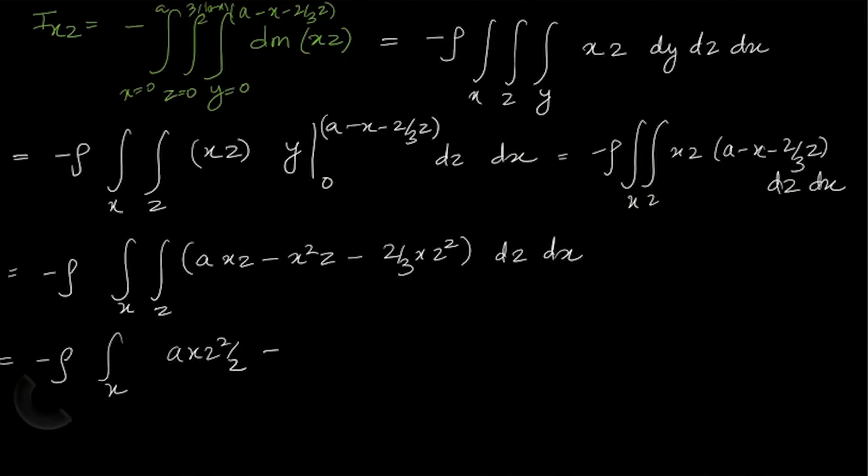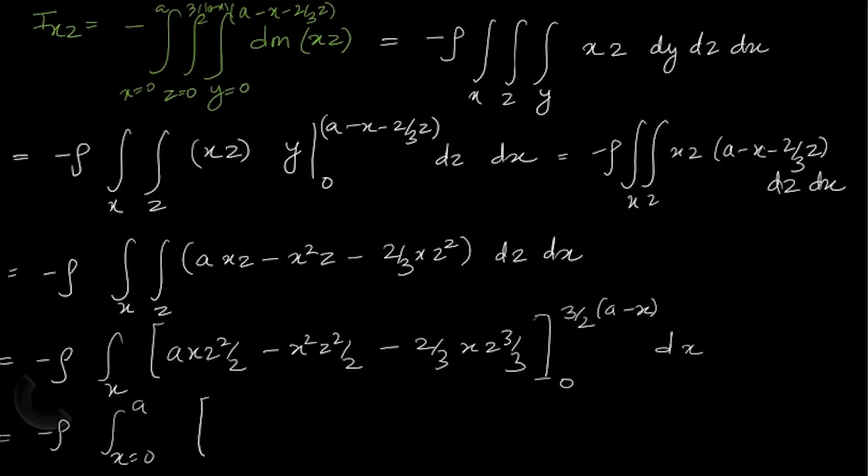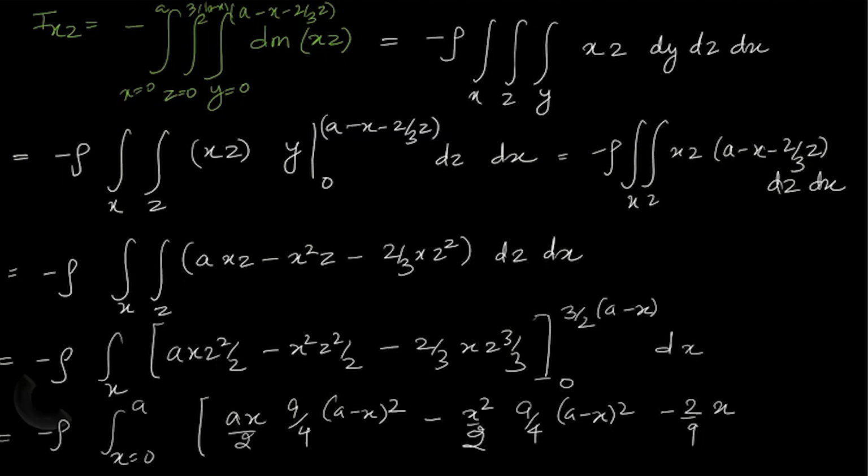So this is ax z square over 2 minus x square z square over 2 minus 2 over 3 x z cube over 3, and then limits 0 to 3 over 2 (a minus x), and then dx. So let's put the limits. Ax over 2, 9 over 4 (a minus x) whole square, minus x square over 2, 9 over 4 (a minus x) whole square, minus 2 over 9 x, 27 over 8 (a minus x) whole cube.